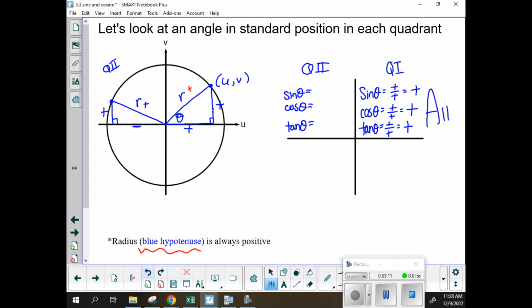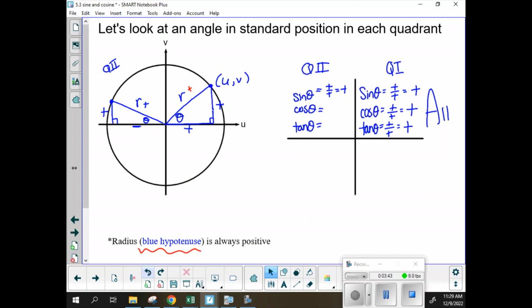So sine of our angle, where theta is the reference angle, opposite over hypotenuse would be still a positive over a positive. So sine in quadrant 2 is still positive. Okay, cosine of theta in quadrant 2, our adjacent side is negative now.